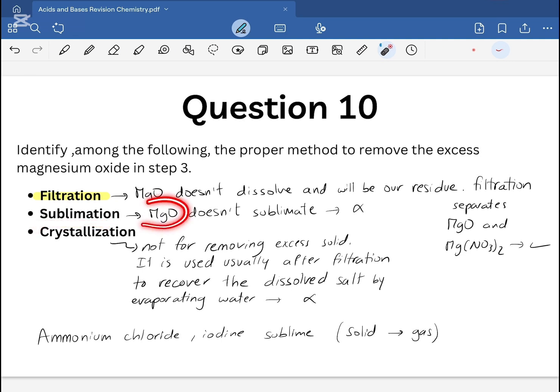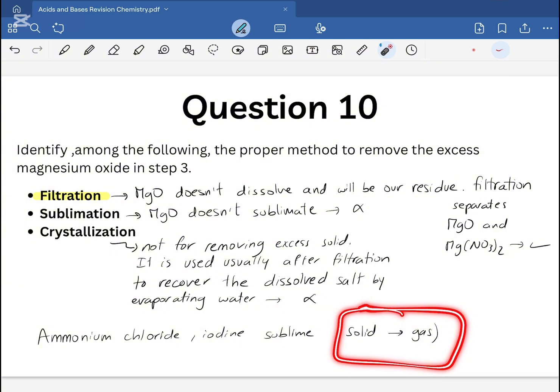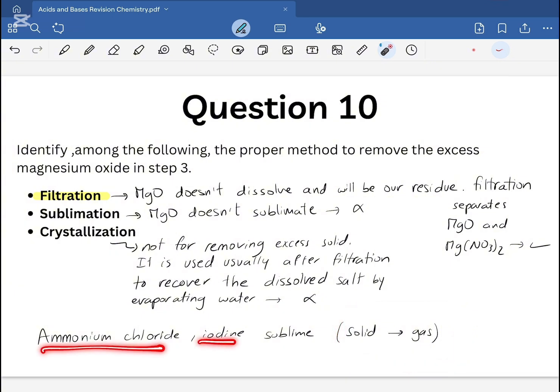Sublimation doesn't work as MgO doesn't undergo sublimation, it doesn't go from solid to gas. Ammonium chloride and iodine actually sublime, and magnesium oxide is not a solid that will sublime, so therefore this is incorrect. Now crystallization, this is not used for removing excess solid, which is MgO over here.